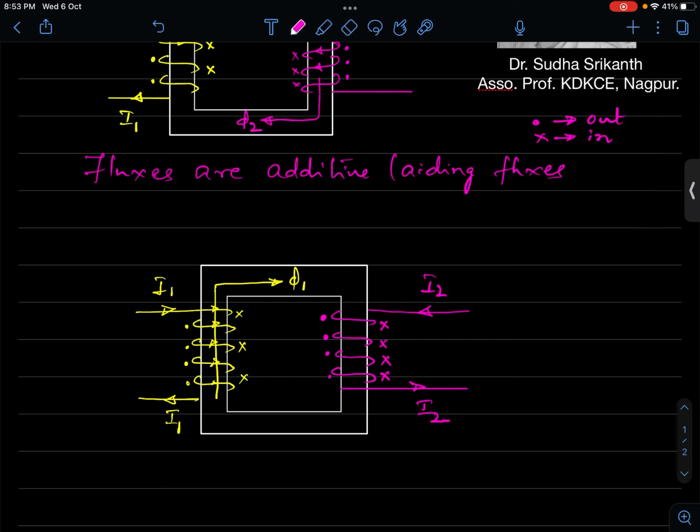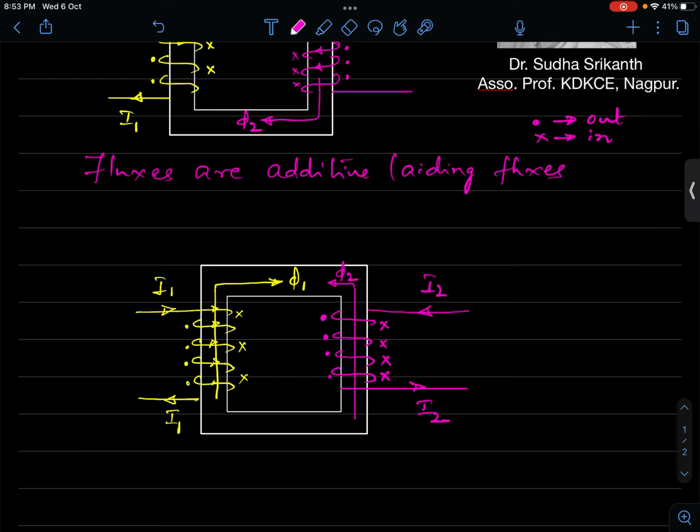Now if we look at this situation, what is the direction of creation of flux phi 2? We hold the fingers in such a manner that the thumb is again pointing upwards, or in other words, the flux produced due to this current is in this direction, phi 2.